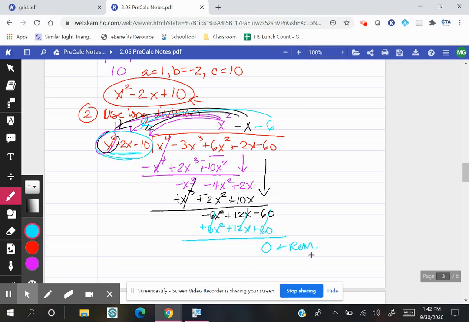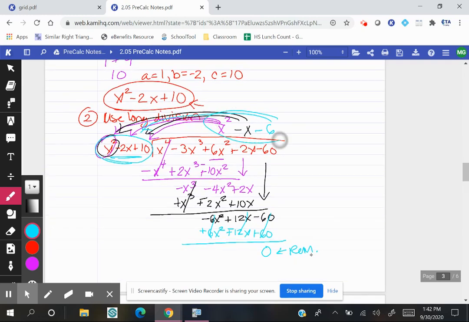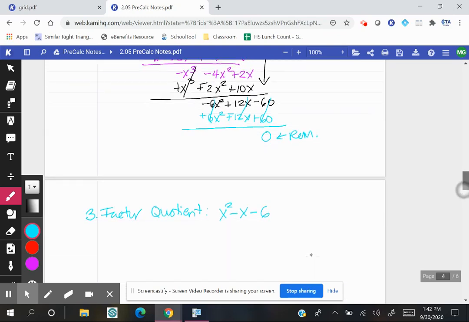So next up, I want to break this down even further, and I'm going to factor my quotient of x squared minus x minus 6. So you want to make sure it is factorable. If it's not factorable, you just use quadratic formula or completing the square. This one is factorable.